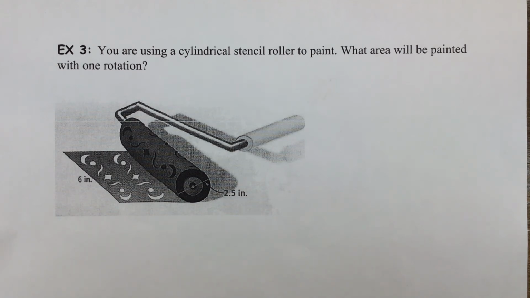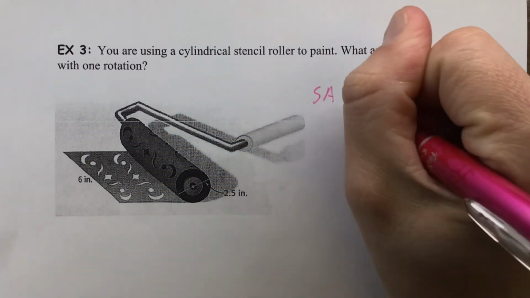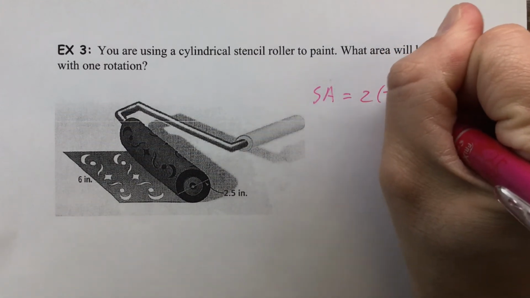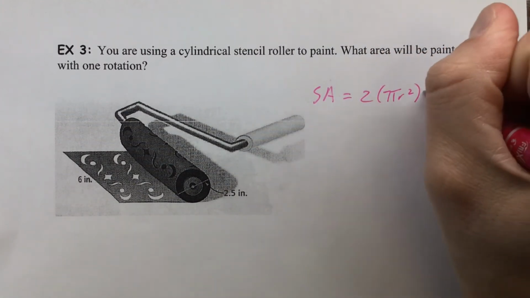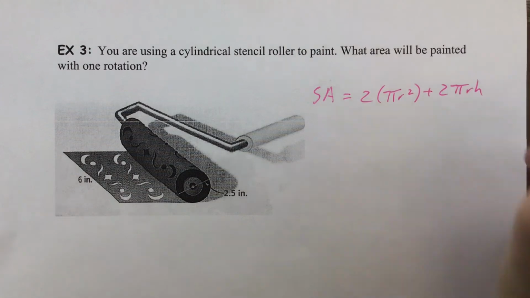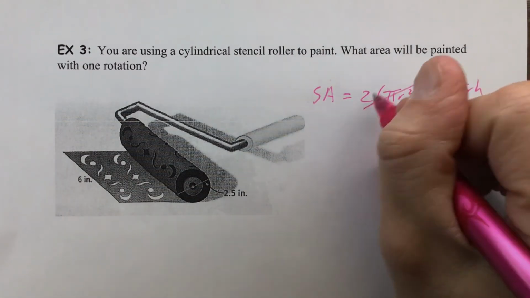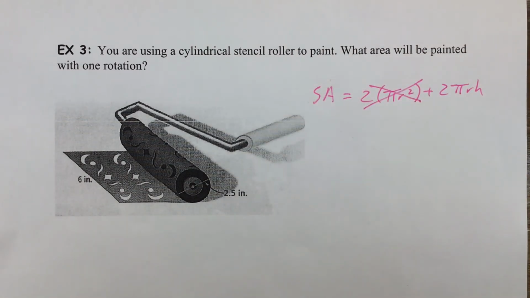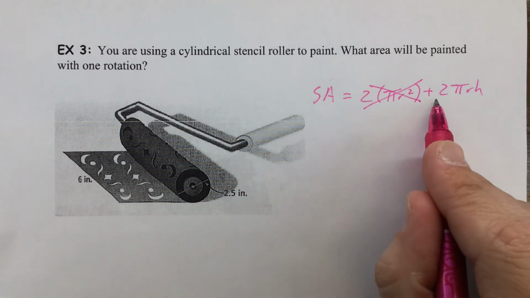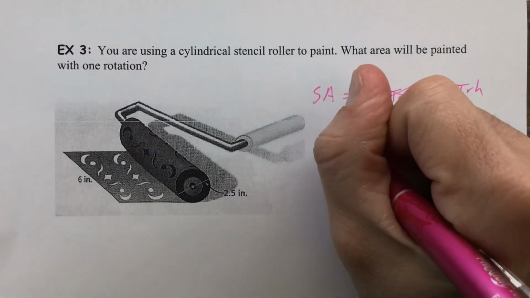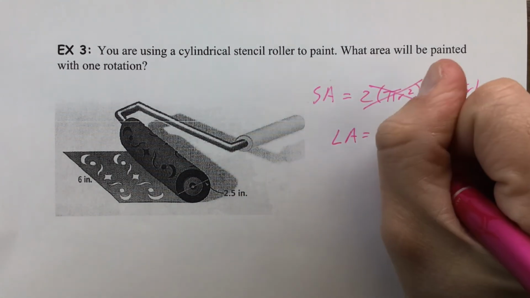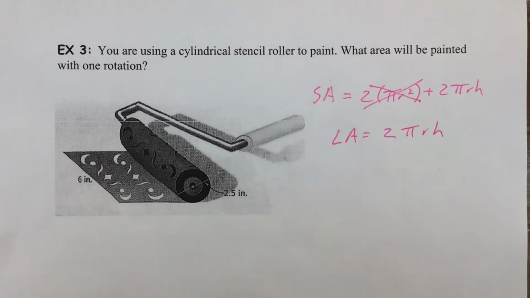All right, so if we go back to the formula, that would be the formula for total surface area. We don't need this part. That doesn't contribute at all to this problem. We're just asked to figure out what that would be. Okay, so lateral area is going to be equal to 2 pi r h.